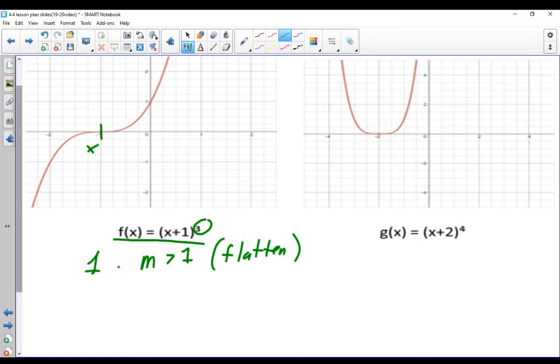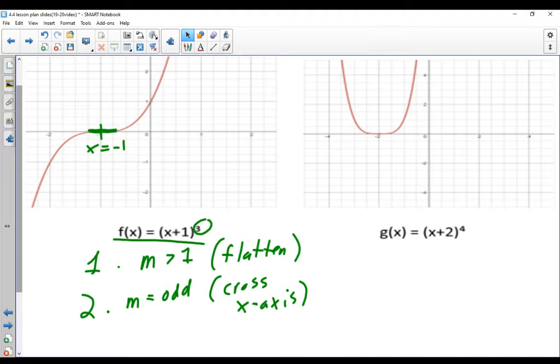And sure enough, at our x-intercept of -1, our graph does tend to get a bit more flat right at that point. And then, according to key point number 2, since our multiplicity m is odd, our graph is supposed to cross the x-axis. And sure enough, it does indeed cross the x-axis right at our x-intercept. And of course, key point number 3 doesn't apply here because our m is not even.